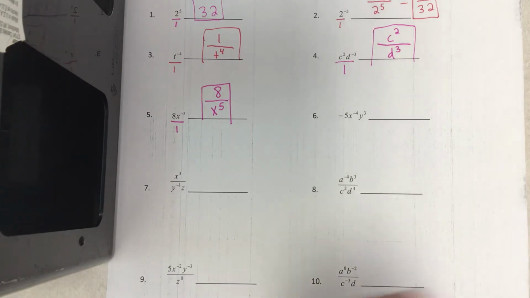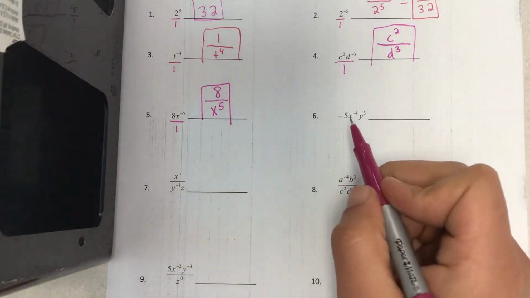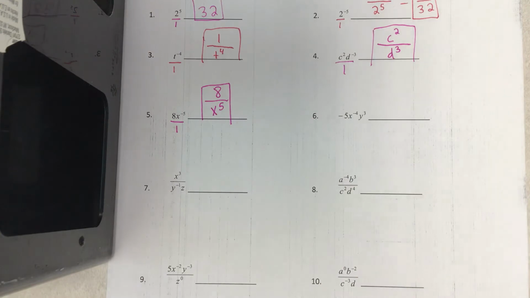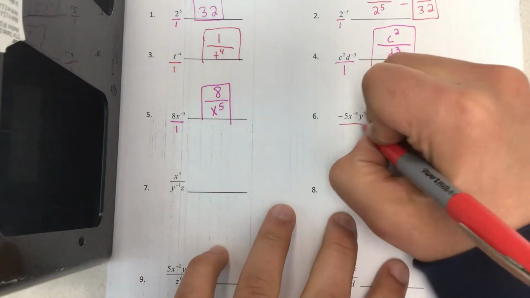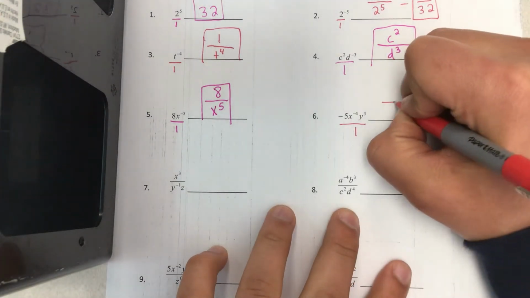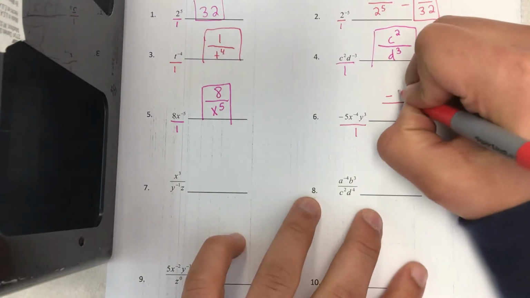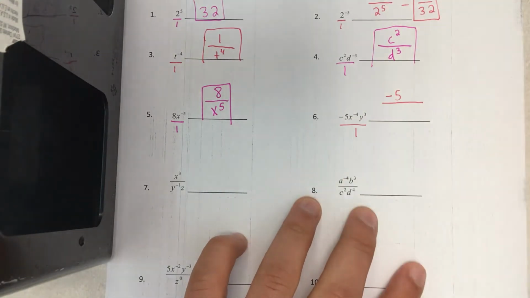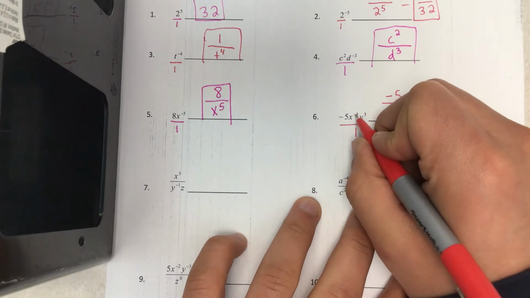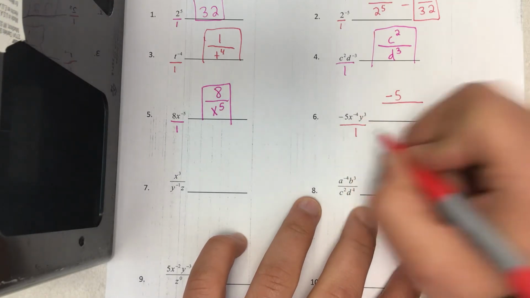Okay, number 6, negative 5 times x to the negative fourth, y to the third power. Okay, so again, all of this is over 1. I write my fraction bar. So negative 5, that can stay on top of the fraction bar. That's good. It doesn't have a negative exponent. X to the negative fourth does, so I need to move this.